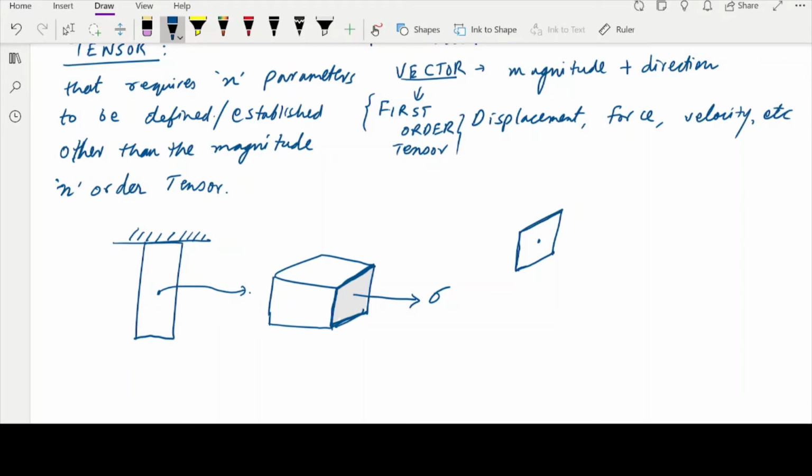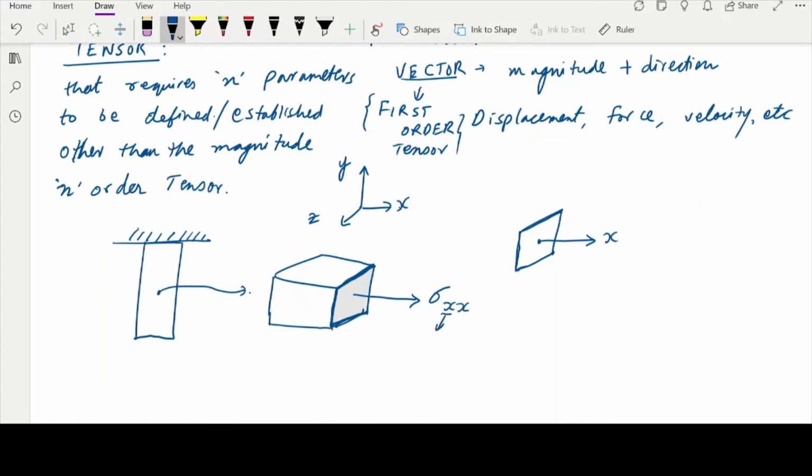So the normal to this plane is, remember the coordinate system, y, x, and z. So this direction is x. So this plane is defined by the normal in x direction. So the first term is this normal's direction, right? And in what direction is this stress acting? This stress is acting in x direction again.